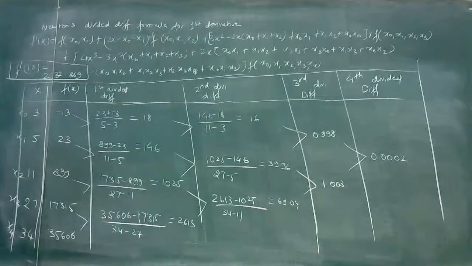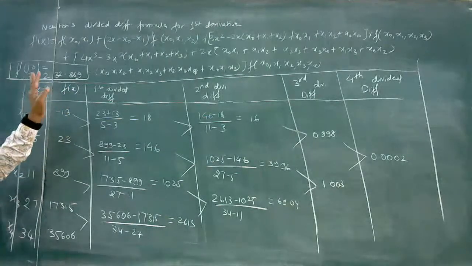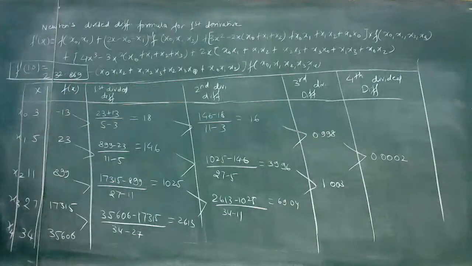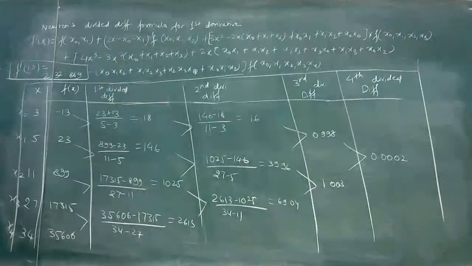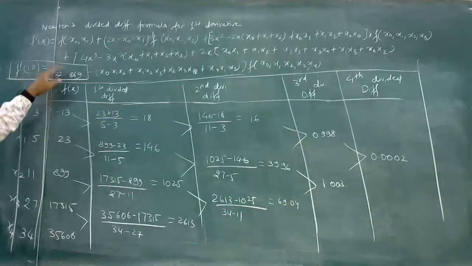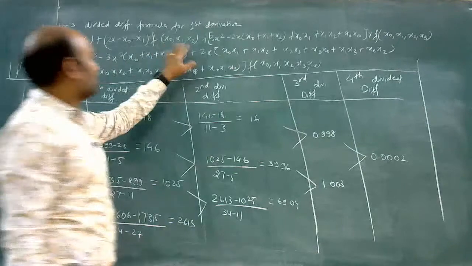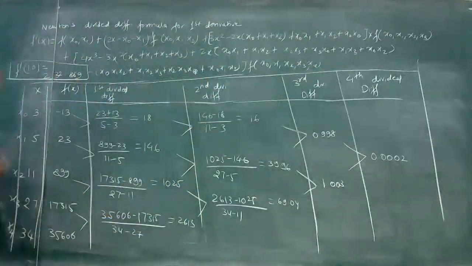So this is the formula of derivative for unequally spaced, not equispaced, values of arguments using Newton's divided difference formula. Okay, so this type of question is unlikely because this is very lengthy. So they will ask only up to this, up to x3.